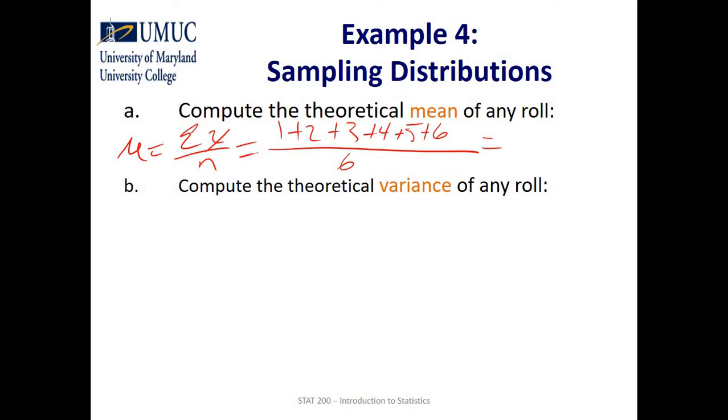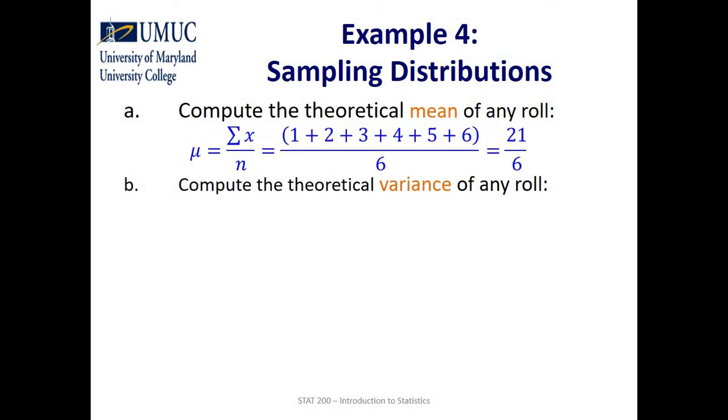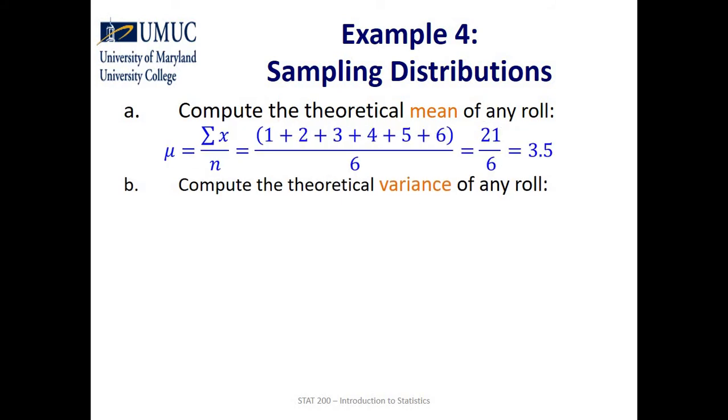So we get, what do we get? 7, 14, 21 divided by 6, which is 3.5. Okay, so that's nice. There is our theoretical mean. We know that the actual population mean should be roughly 3.5 because that's the theoretical mean.